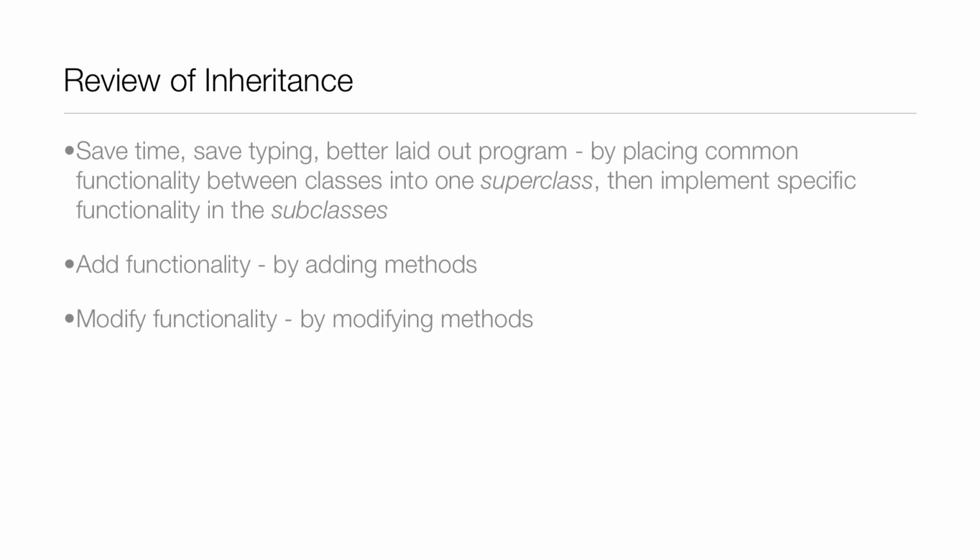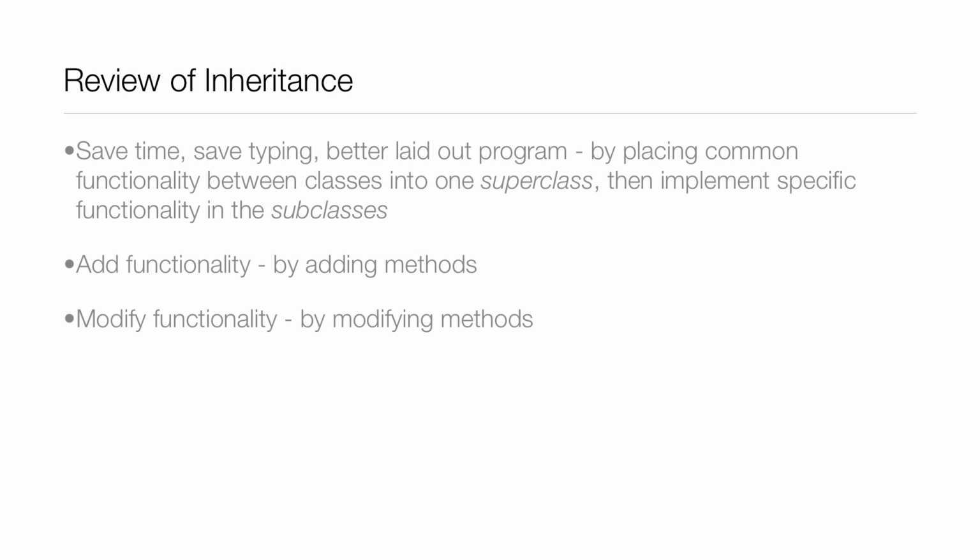Now, a quick little review of inheritance. Inheritance enables us to do the following things. It allows us to save time, save typing, and allows us to have a better laid out program by placing common functionality between classes into one superclass and then implementing the specific functionality in the subclasses.